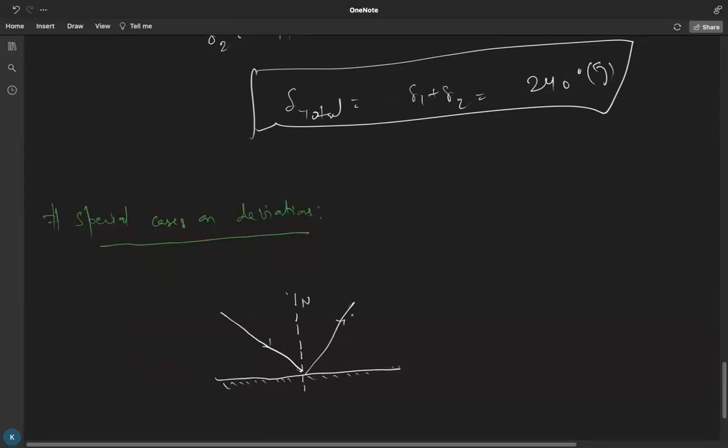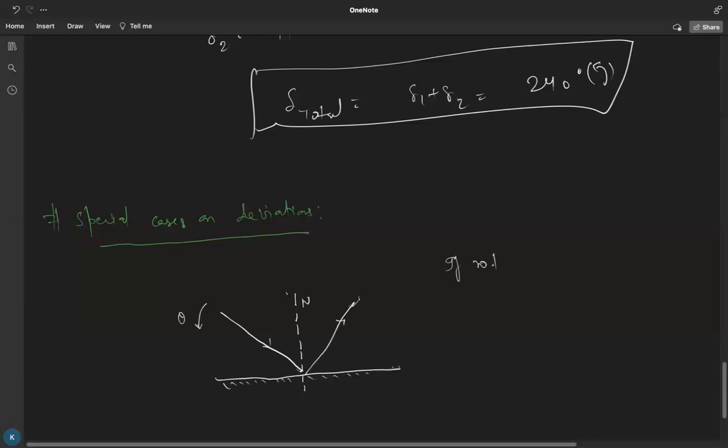If I rotate the incident angle by theta, find the angle moved by the reflected ray. Take it as a question.